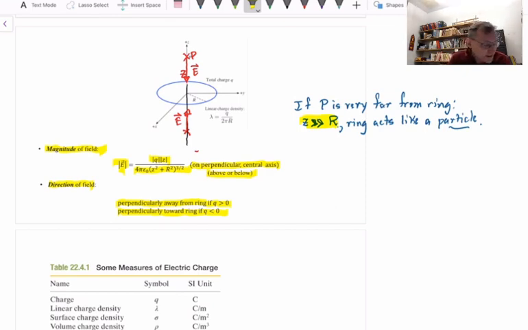And the most drastic simplification we can do when z is much, much bigger than big R is to go down here in the denominator where there's a z squared plus big R squared and drop the big R squared.